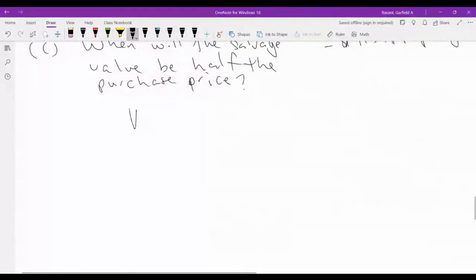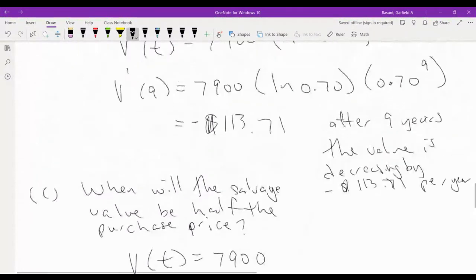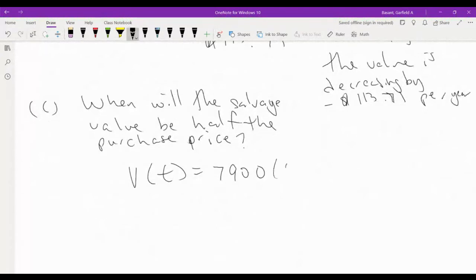So we know that V of t is equal to 7,900 times 0.70 to the t power. So what are we trying to find in this problem? Are you sure, Faith? Close, you're on the right track. All right, let's see.